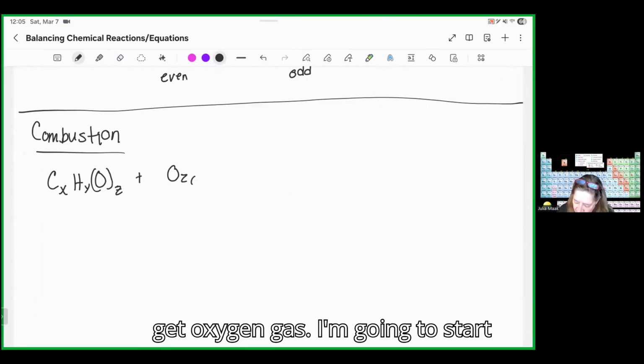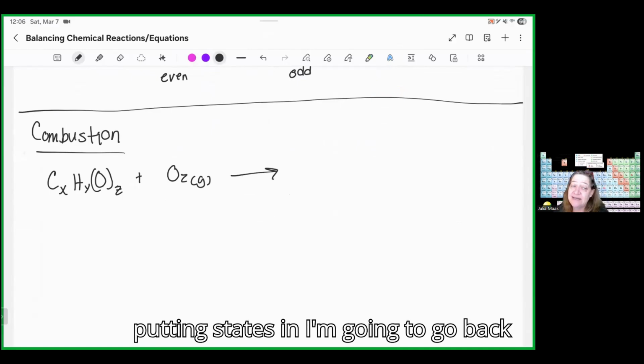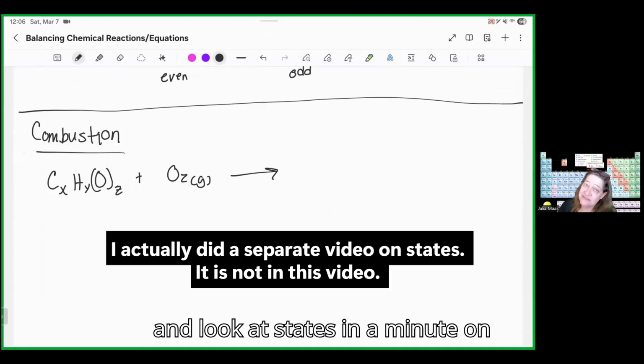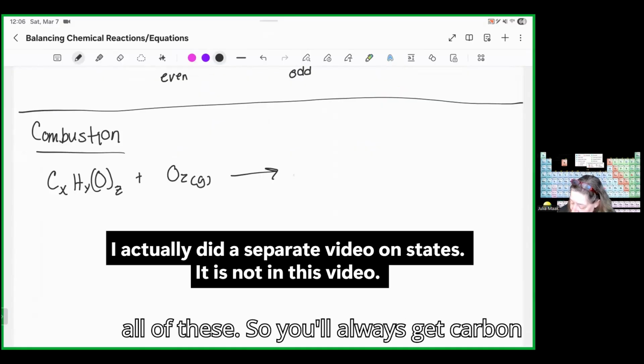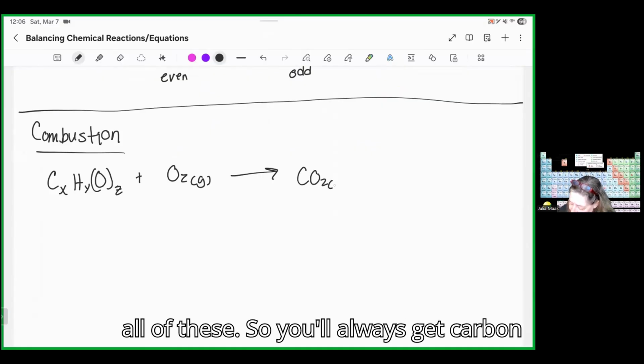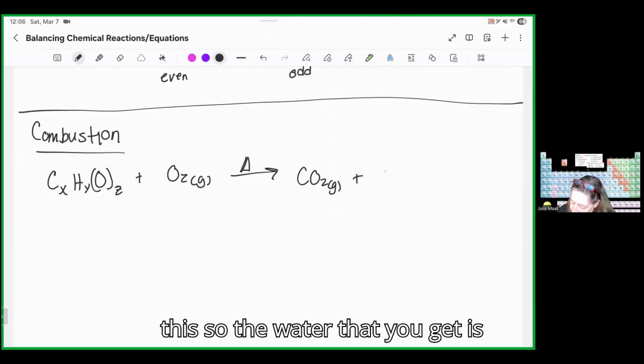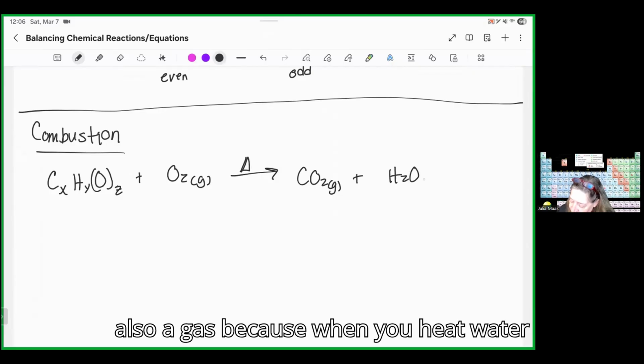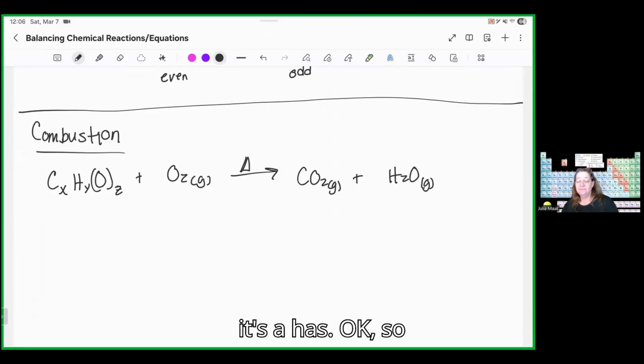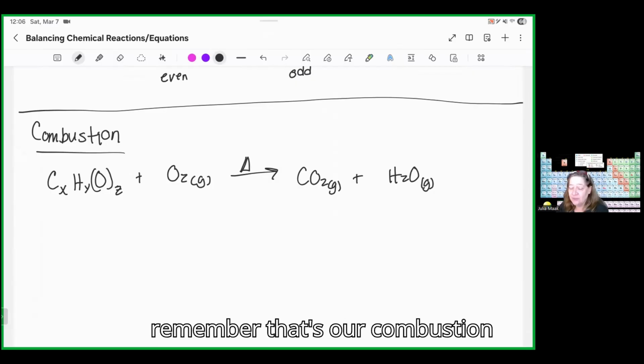Oxygen gas, you always get oxygen gas. I'm going to start putting states in. I'm going to go back and look at states in a minute on all of these. So you always get carbon dioxide as a gas. You have to heat this. So the water that you get is also a gas because when you heat water, it's a gas. So remember that's our combustion reaction.